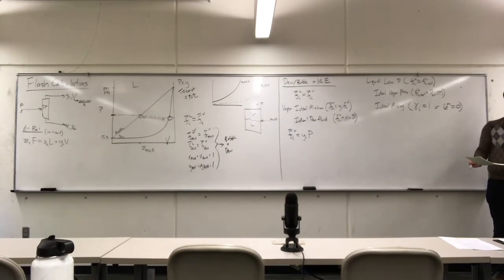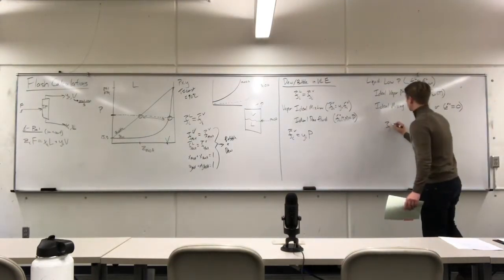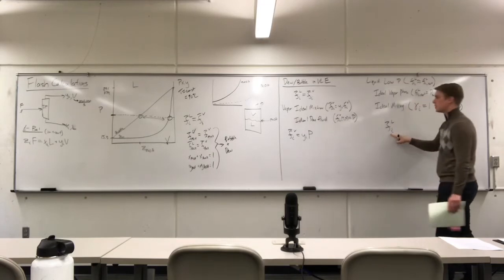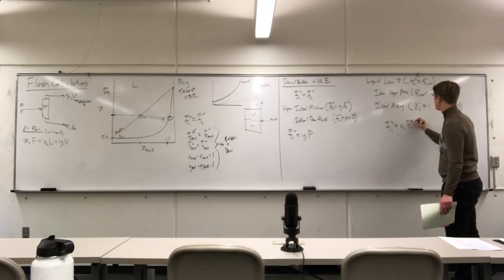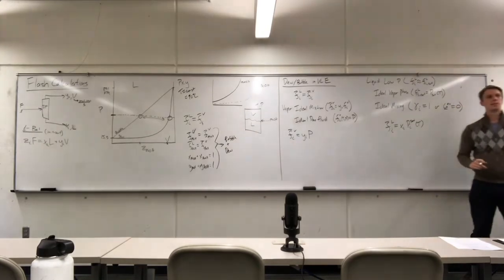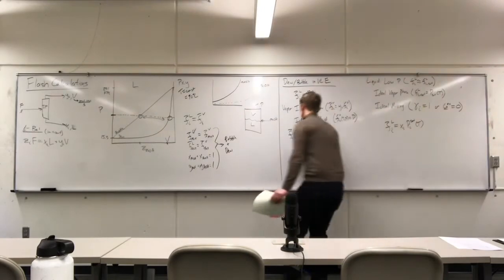So 100% random fluid orientation. That's what that means. If we put this all together, that means that the partial fugacity of species i in the liquid phase is just going to be equal to this expression. And we establish Raoult's law.